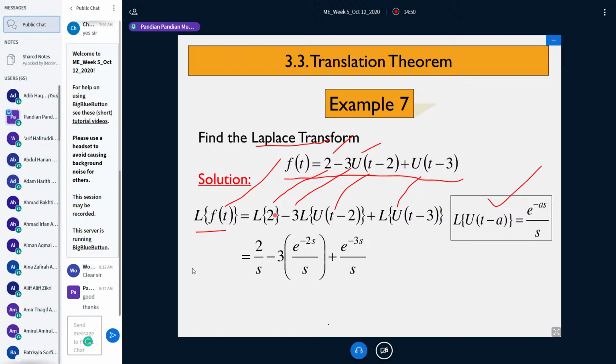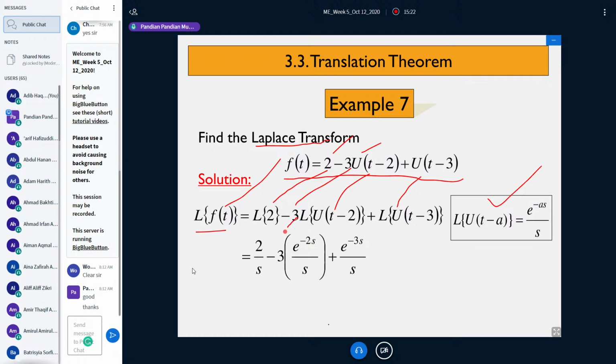You refer to 3.1 under the title Transform of Some Basic Functions, slide number 18. Laplace of 1 is 1 over s. That is the formula. So Laplace of 2 is 2 over s. You can take out 2 and then write Laplace of 1. So the answer is still 2 over s.